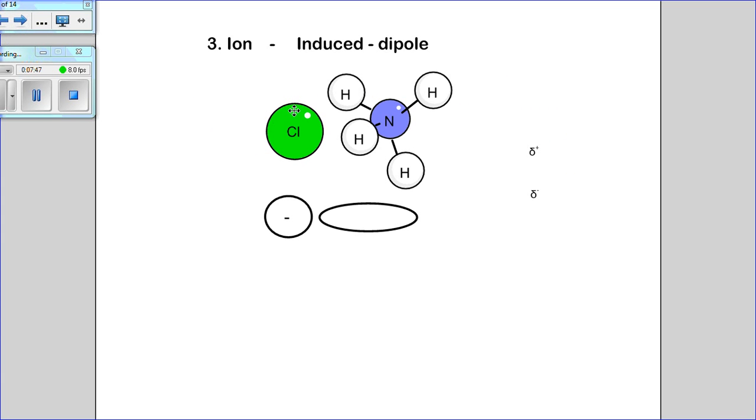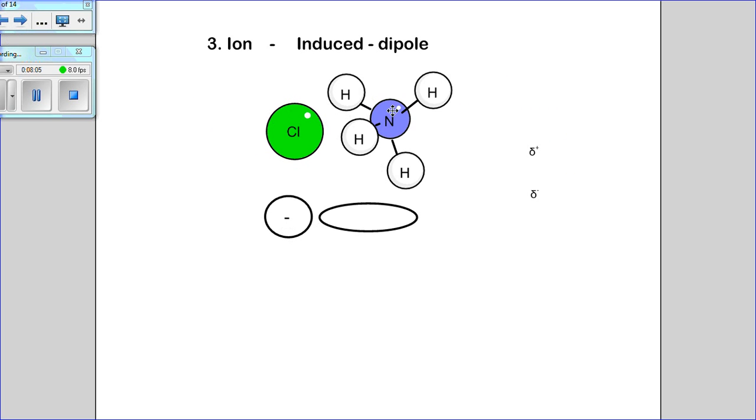The reason can be seen here, where we have chlorine, which is a negatively charged ion, and we have CH4, which is methane, a gas, but it has the same structure as carbon tetrachloride.